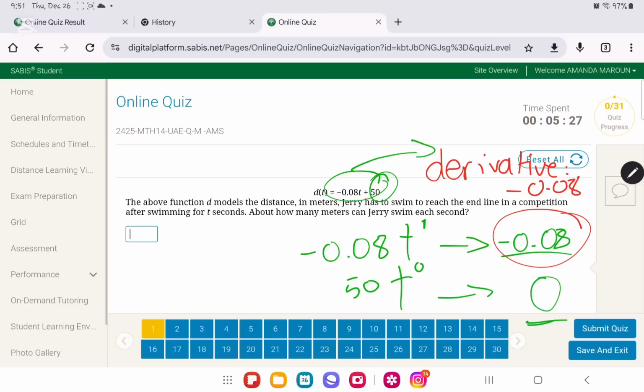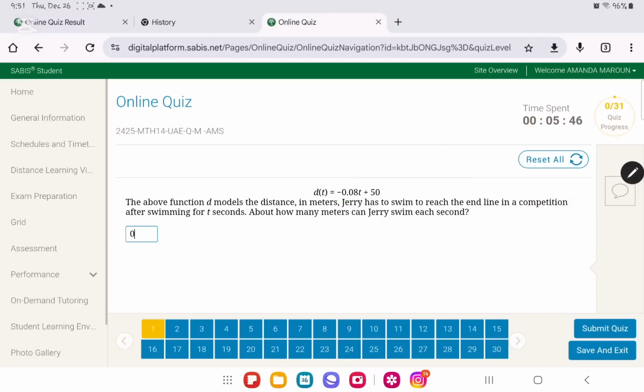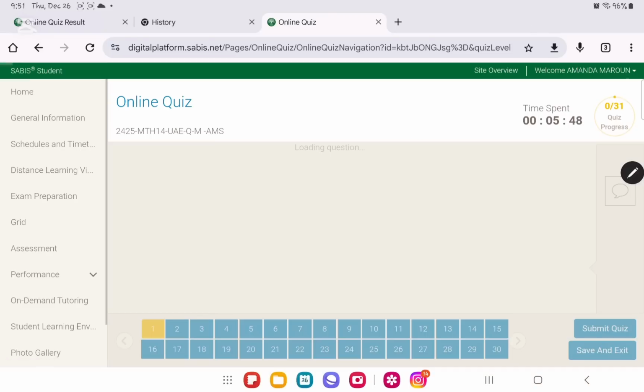So we can say that Jerry swam each second minus 0.08 meters, but can he swim negative meters? Well, in this case, yes, because he's starting at the end, but in more logical sense, he cannot. So we're just going to put it in absolute value, and very simply, Jerry swam 0.08 meters.